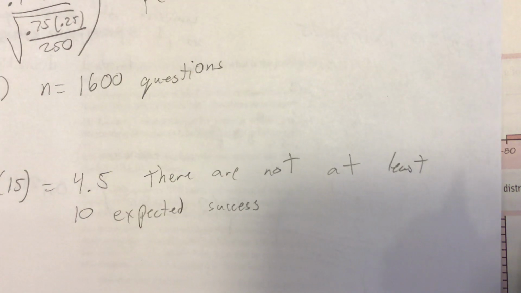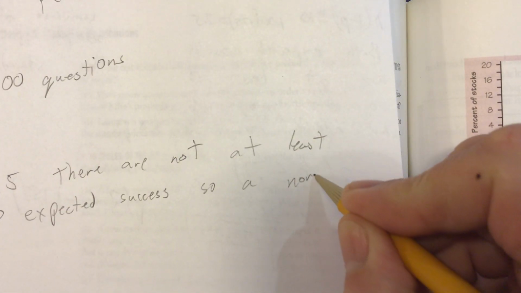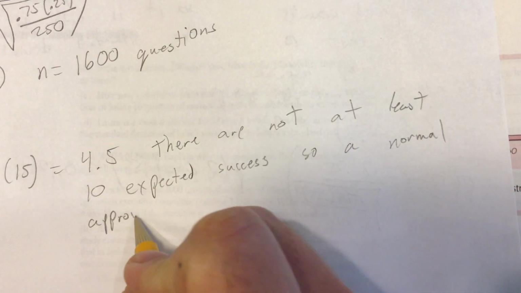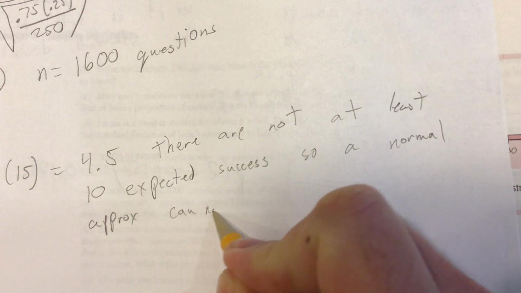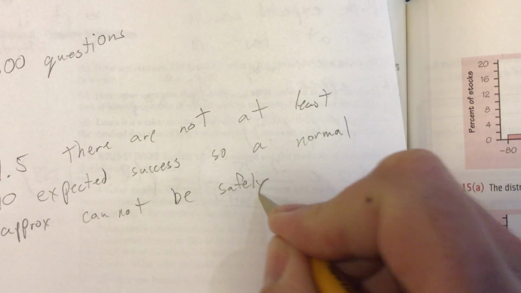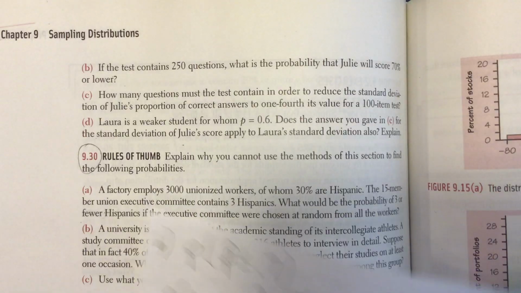So there are not at least 10 expected successes, so a normal approximation cannot be safely used. There we go. That was easy.